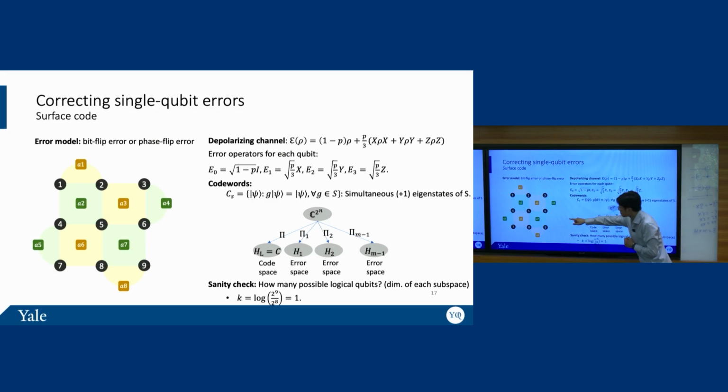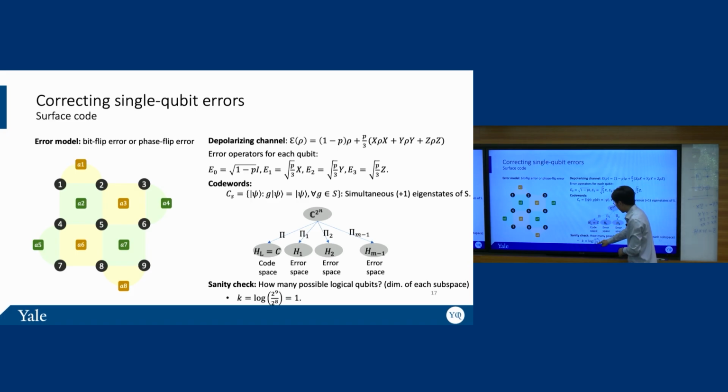By defining 8 of them, I'm sort of picking one of the 2 to the 8 possible groups. In particular, the group that I said was the +1 eigenstates of all the 8 stabilizers. So I have cut the dimension in half 8 times. And so if you look at the dimension of the subspace that you picked, it is 2 to the 9 over 2 to the 8. Okay?